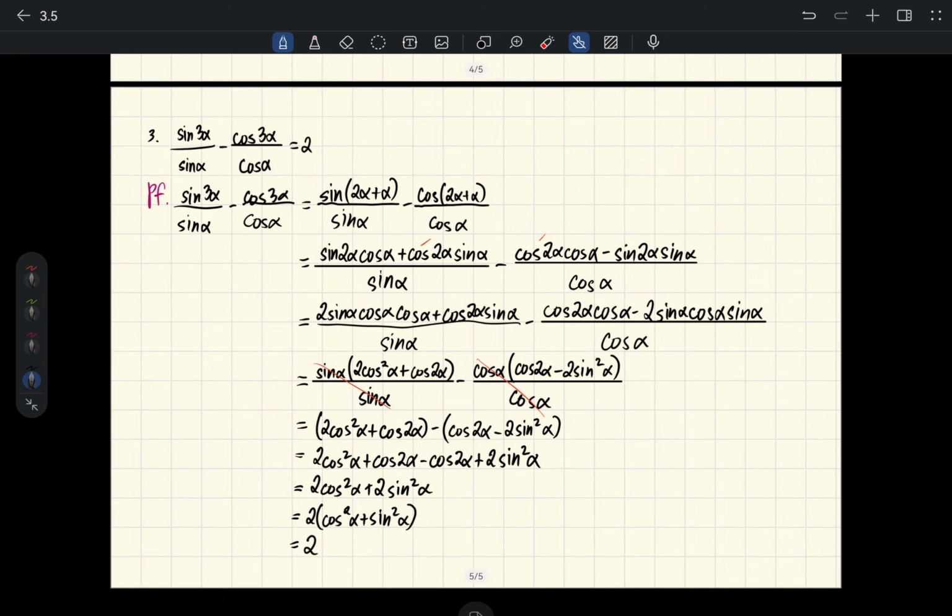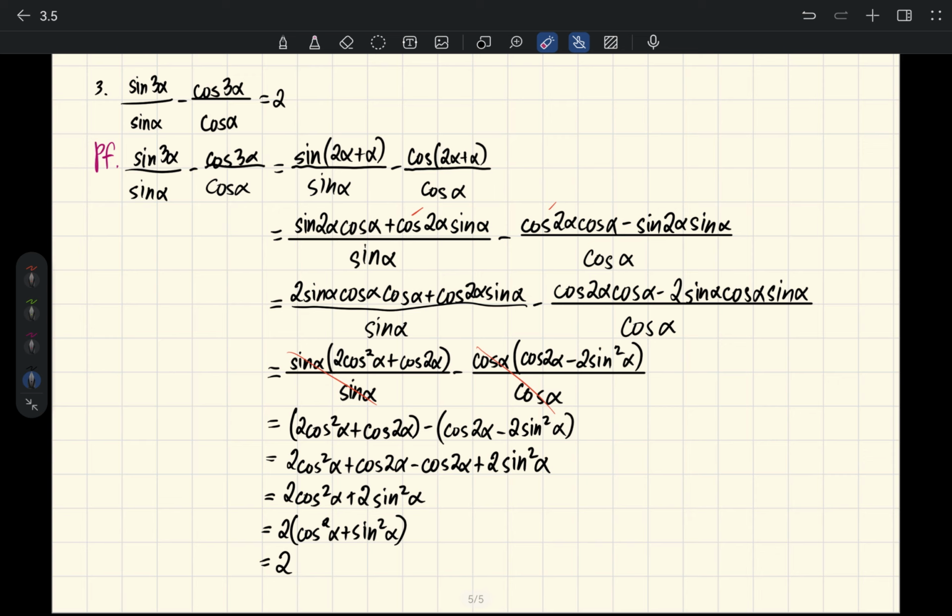Okay? So it's quite long, but I think it's still manageable. So as a tip, if you see 3 alpha, 4 alpha, so on and so forth inside, you can make use of decomposition.